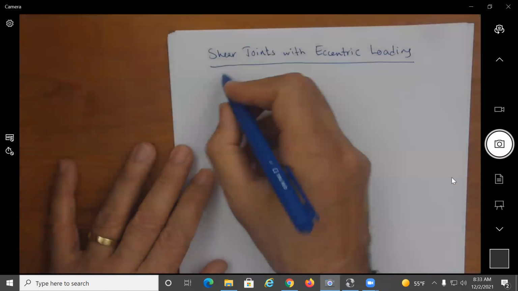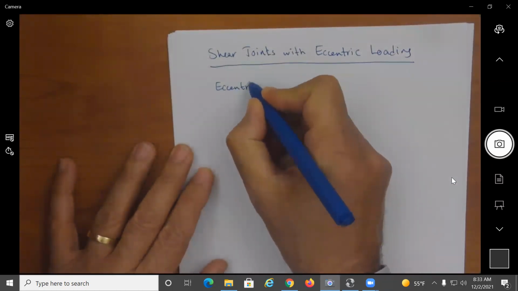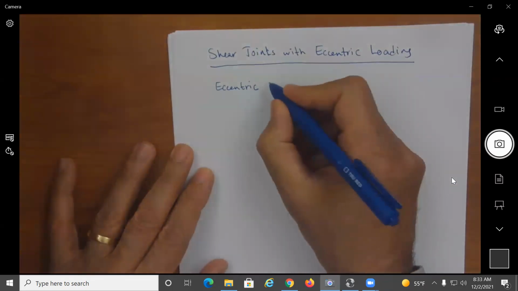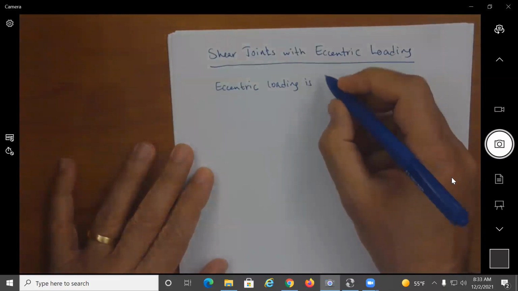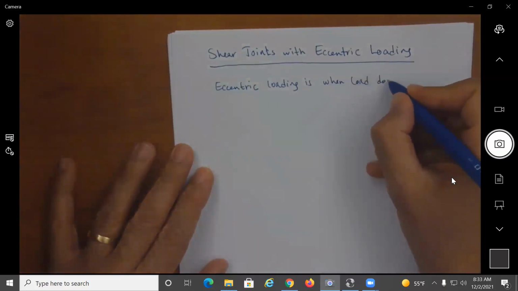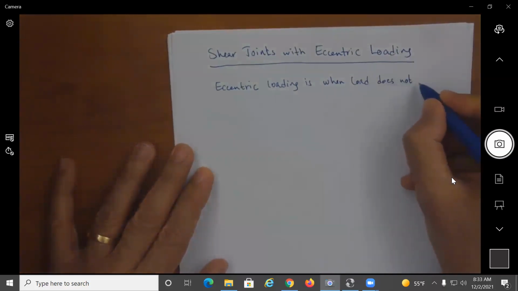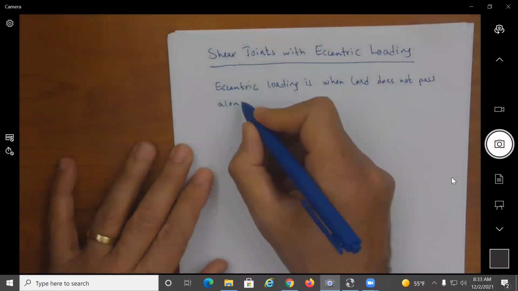So the loading is considered eccentric when the load does not pass along the line of symmetry of the fasteners.